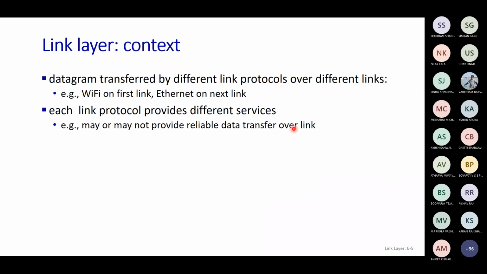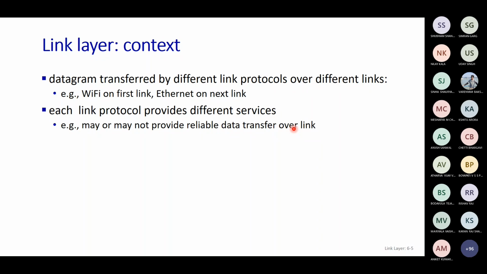Now, of course, if we have different links and different hosts associated with these links, then we should definitely have different protocols which will help to access those links. You can have wired links, and you can have wireless links. Just think about your own house, if you have Wi-Fi.